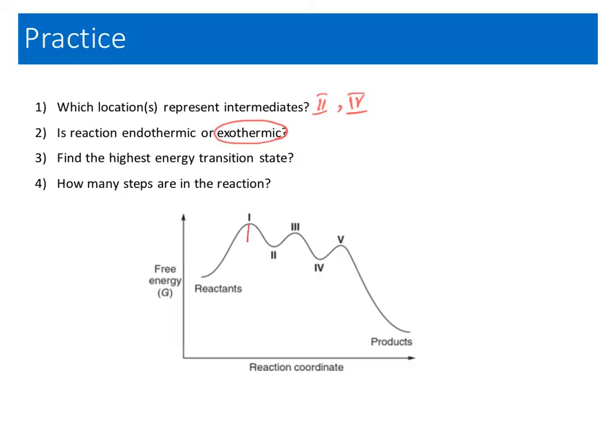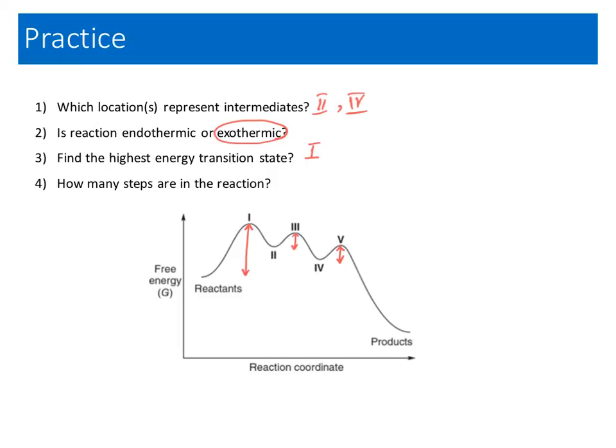So this is the activation energy for the first step. The second step, again, starts from point 2 to 3. So this is that activation energy. And the third one has this activation energy. So obviously step 1 has the highest transition state.